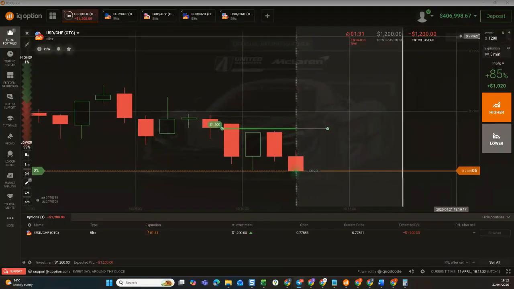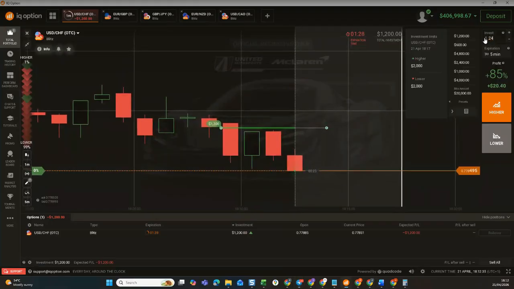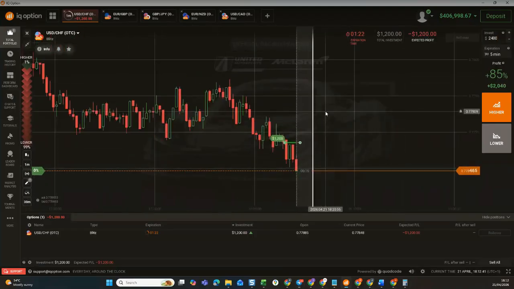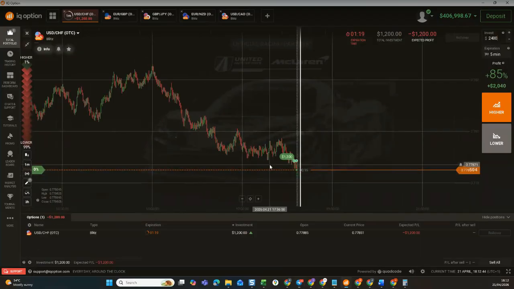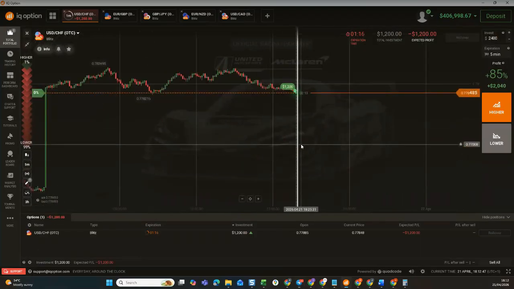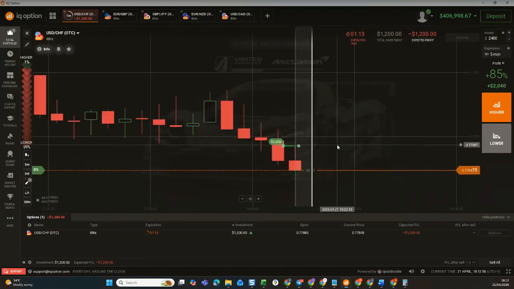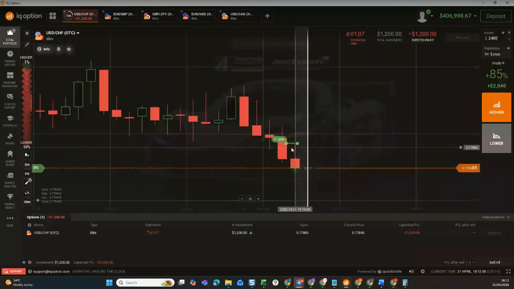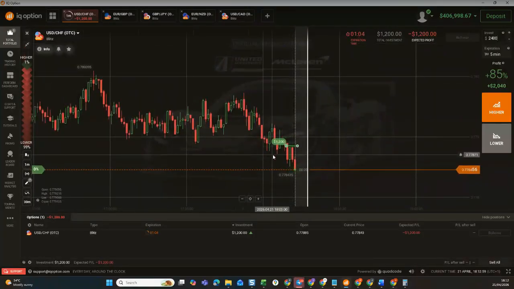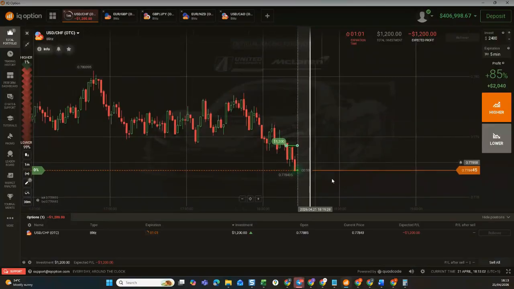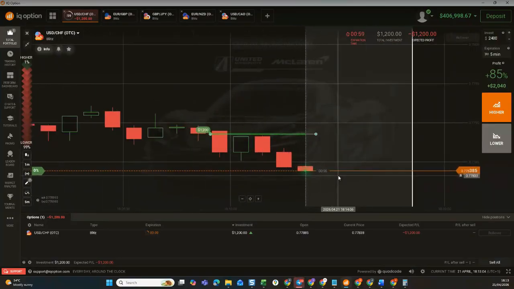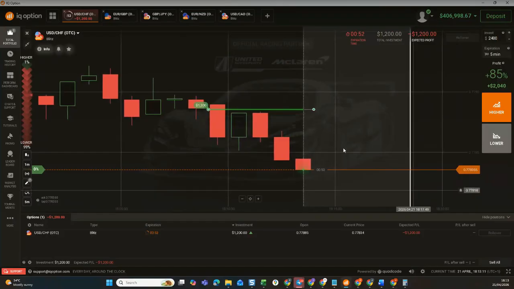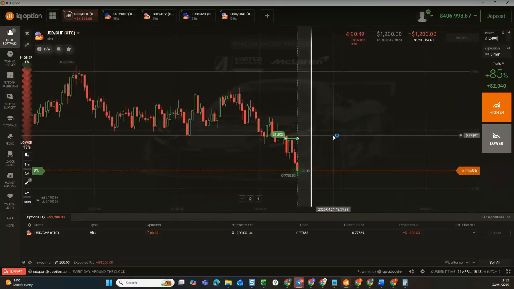It's looking like we're going to be making use of our second martingale level. So we'll be doing that in, let's say, 1 minute and 24 seconds. So 50 seconds now.